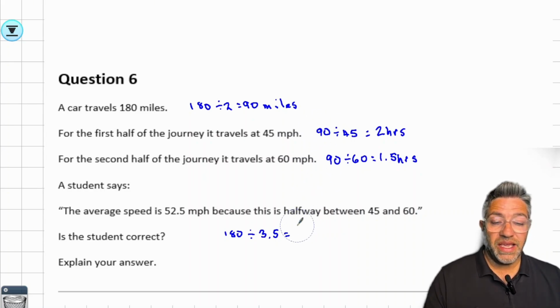I'm actually getting, and it is close, 51.42. Is the student correct? No. And we've explained our answer through our calculations. We're not waffling on.